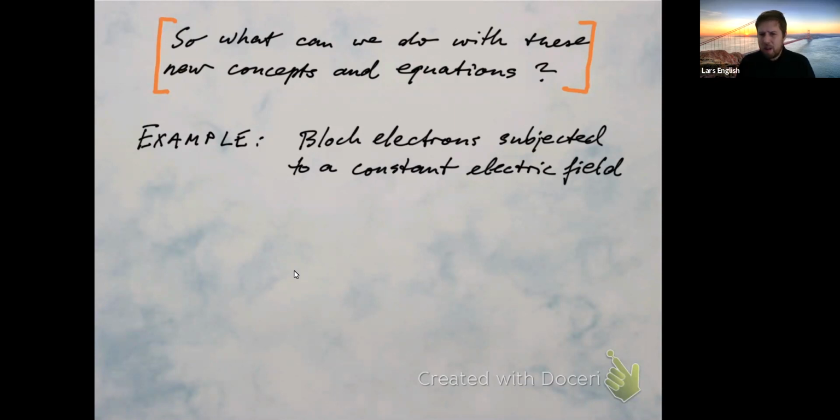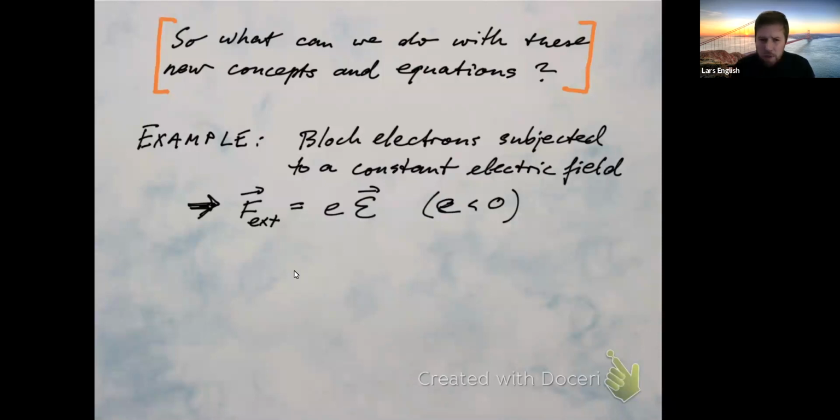But what happens with these Bloch electrons when you have that happen inside of a crystal lattice? Well, the external force then is just e times this electric field. Our book uses the convention that e here is a symbol that is negative 1.6 times 10 to the negative 19th coulombs. Okay, so the negative sign is built into the symbol.